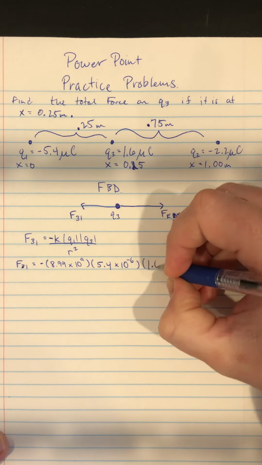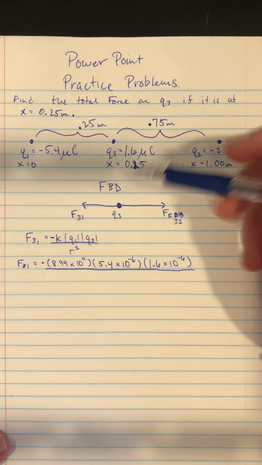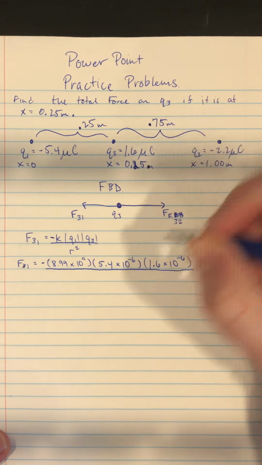Again, microcoulombs, so it's times 10 to the negative 6th, divided by the distance, which has changed from 0.75 to 0.25. From 0 to 0.25 is 0.25. So we get 0.25 squared.